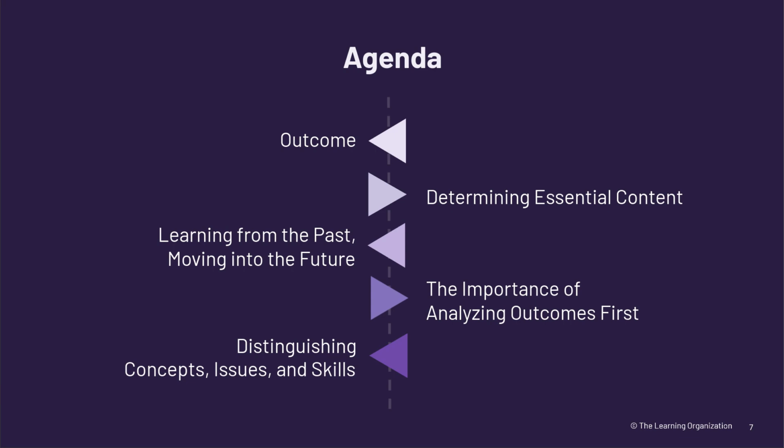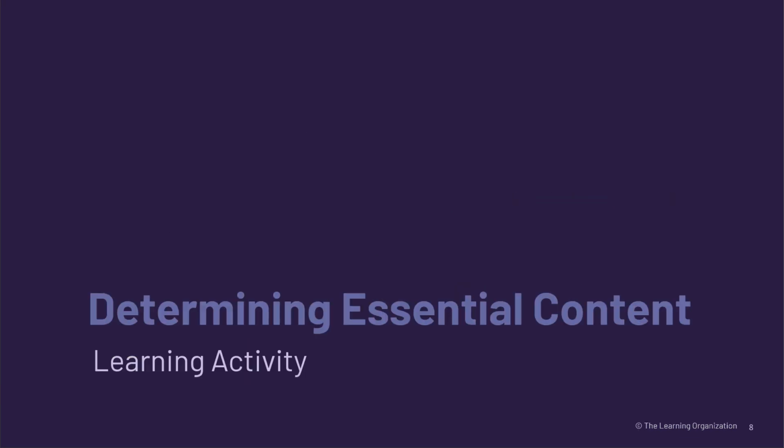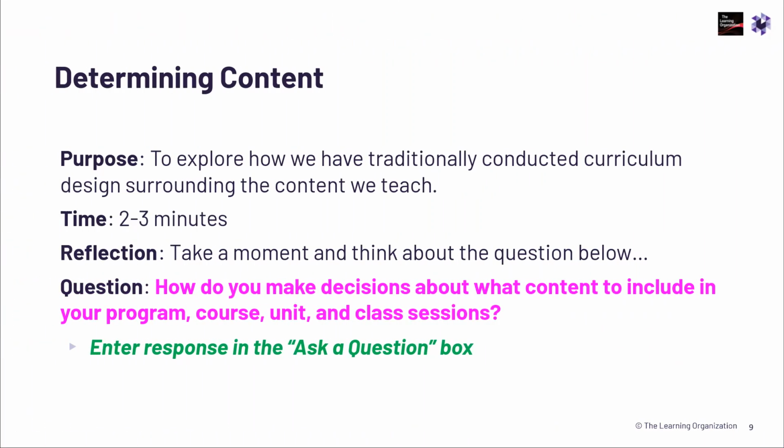So let's start quickly. I want to do a quick activity. You've got an ask a question box. I'd like you to put in that box how you make decisions about the content right now. Or when you think about the course that you were teaching, what decisions did you make and how did you make them?